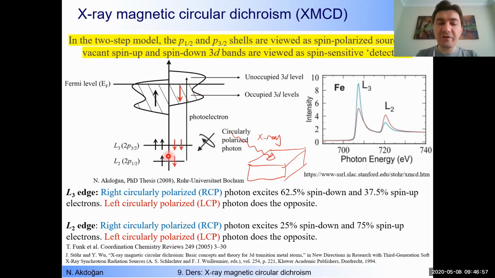In the first step, you excite electrons, and in the second step, you are looking if there are any empty states for the excited electrons. So this is called the two-step model. The first step, you excite spin-up or spin-down electrons from those levels, and then here we have 3D bands which can be viewed as spin-sensitive detectors, okay?